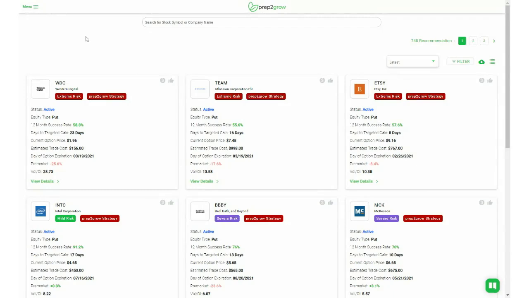So in essence, what's coming up next for Prep to Grow? Over the next week, option recommendations and option predicted prices will come into it. Also some longer-term stuff, like one-click buy. The other is that we're going to start to have recommended what we call investment plans.